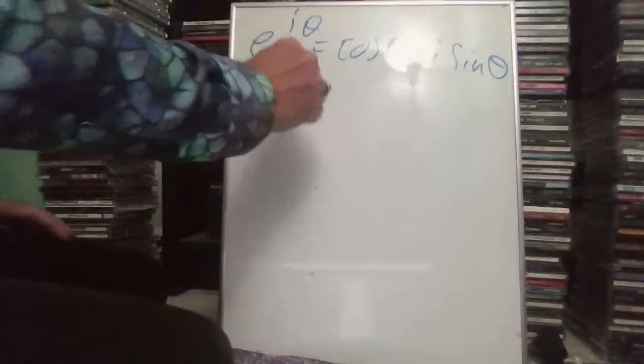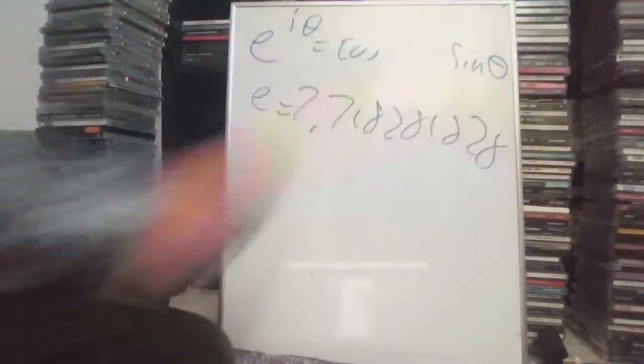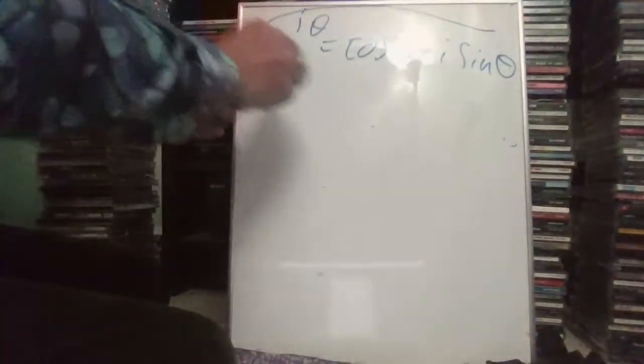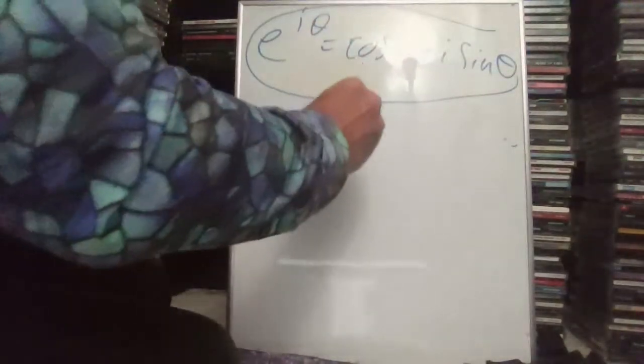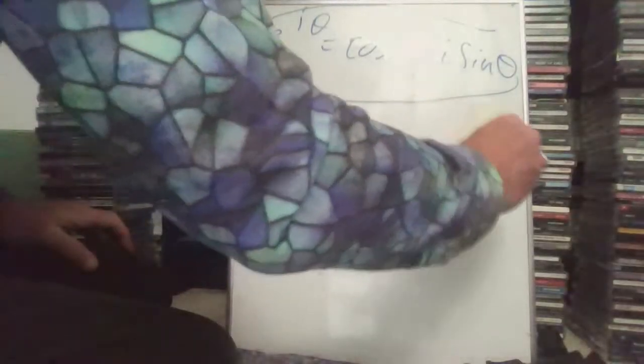It turns out that just happens to be true for e equals 2.718281828 and so forth. Therefore you have this formula, which is called Euler's formula. Very cool formula.